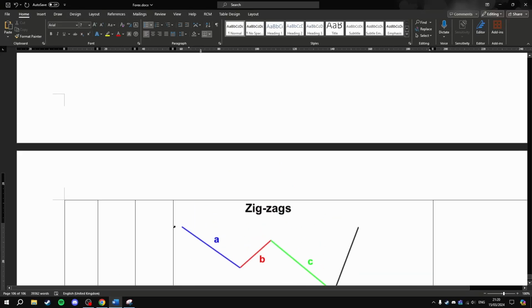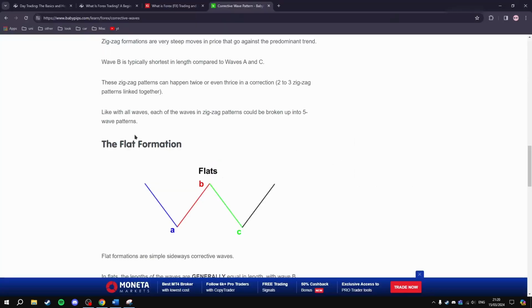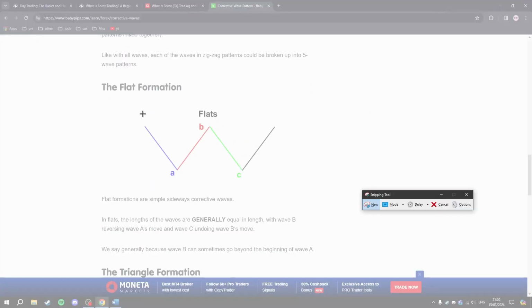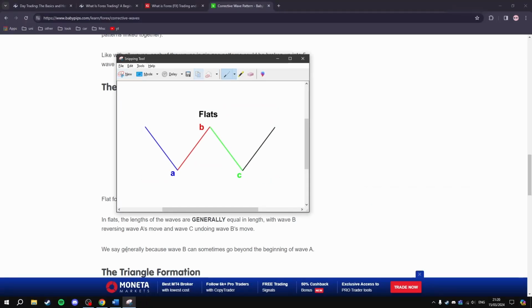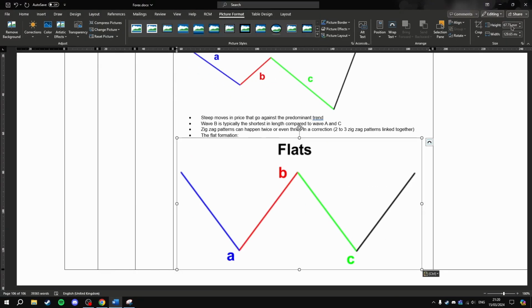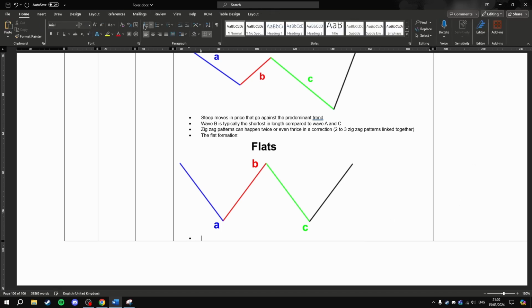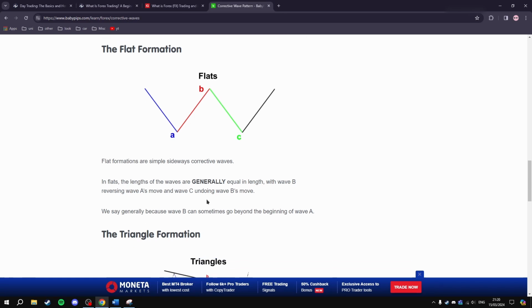The flat formation. Flat formations are simple sideways corrective patterns.